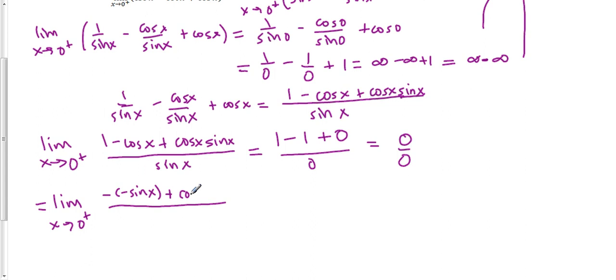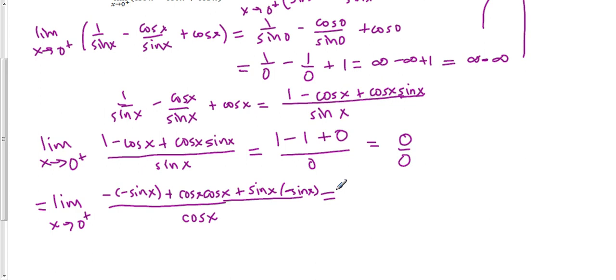So I'm going to take my first term, which is cosine x, times the derivative of the second, which is going to give me another cosine x. And then I'm going to take the second term, which is sine x, and multiply it by the derivative of the first term, which is going to give me negative sine x. And in the denominator, I'm going to take the derivative of the denominator and put it there. And the derivative of sine x is cosine x.